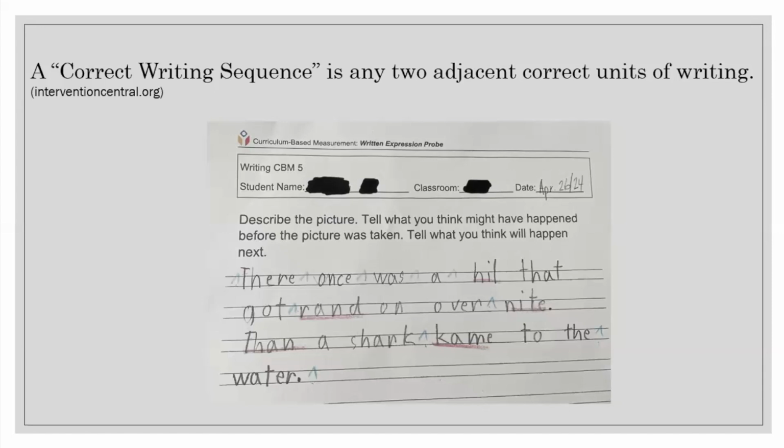I looked at something I found called the Early Writing Project. I looked at a book called The ABCs of CBMs and interventioncentral.org. Each correct writing sequence is marked with a blue caret, and you can see those carets on this sample.